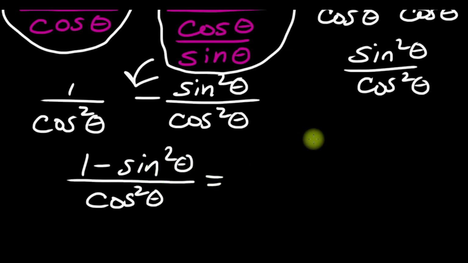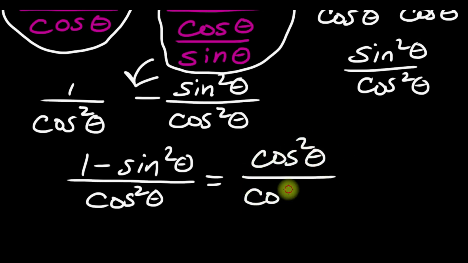Using the Pythagorean identity, 1 minus sine squared is cosine squared, and then cosine squared over cosine squared is 1. We just proved that the left is the same as the right-hand side by simplifying the more complicated side, which is the left-hand side.